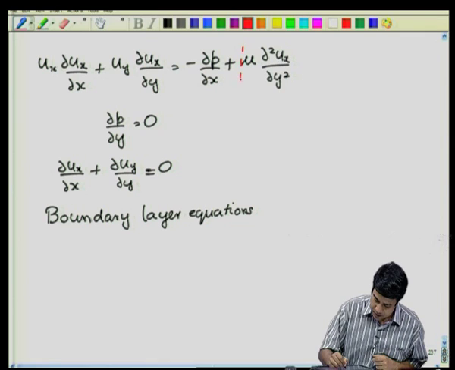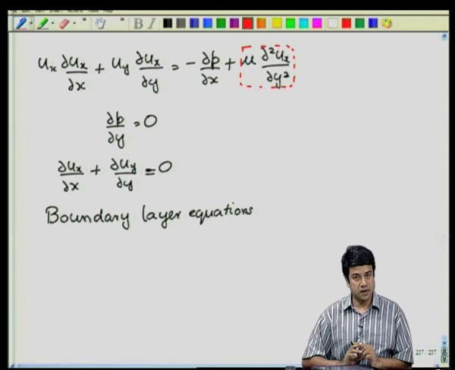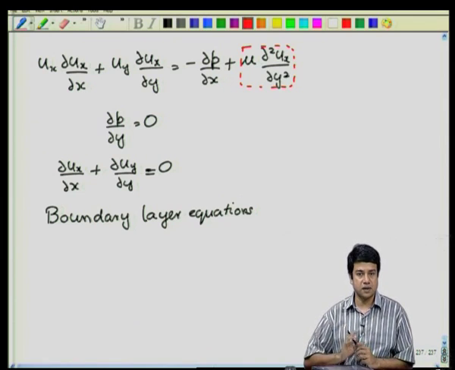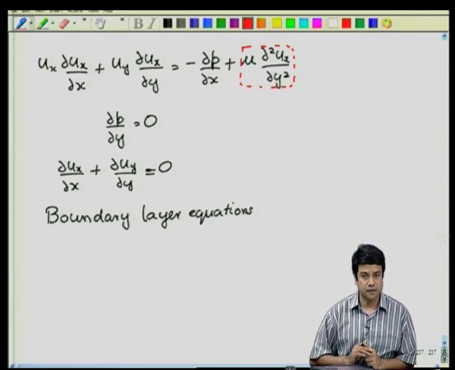And these equations contain this additional viscous term here. It contains only the cross stream diffusion, because that is what is required to reduce the tangential velocity to 0 at the surface in the streamwise momentum equation. The cross stream velocity condition was already satisfied by the potential flow, the normal velocity condition. What we need to do is to satisfy the streamwise velocity condition. That is taken care of by adding this additional term.